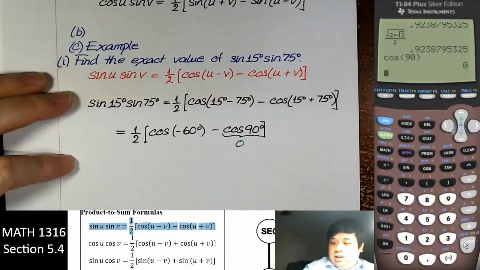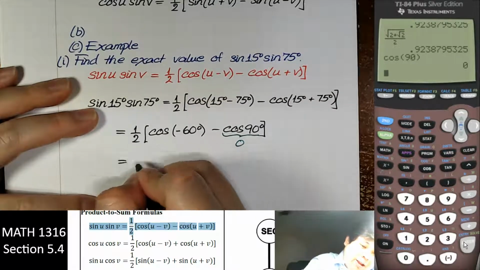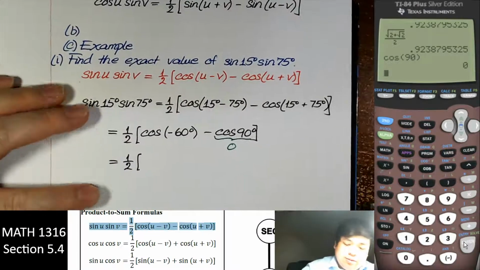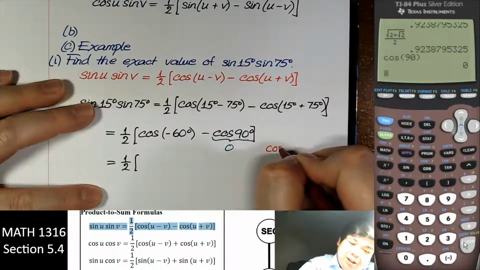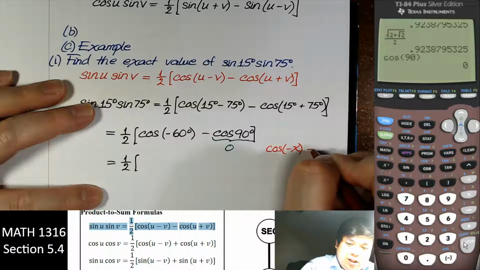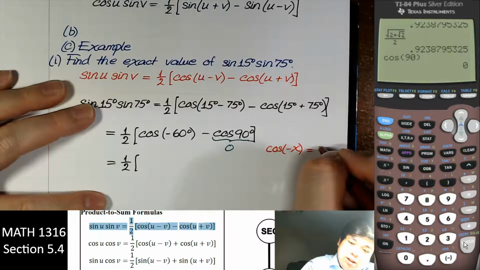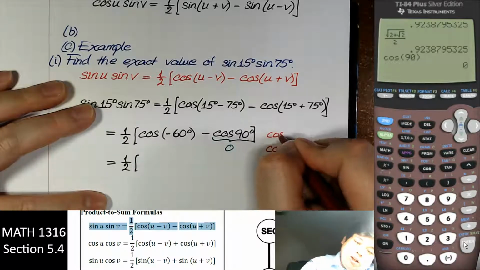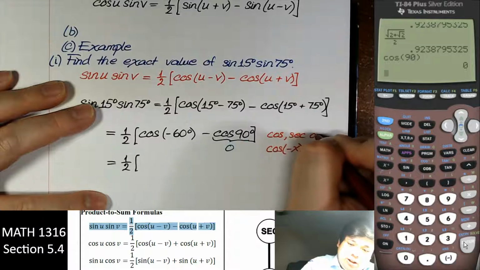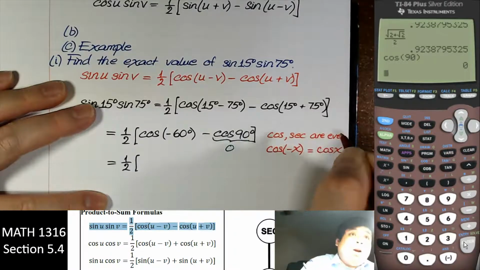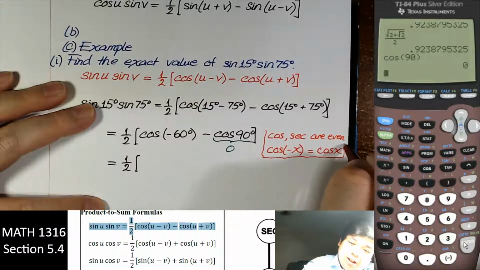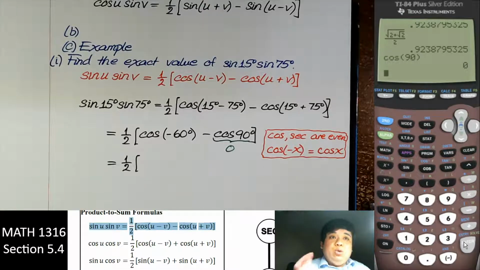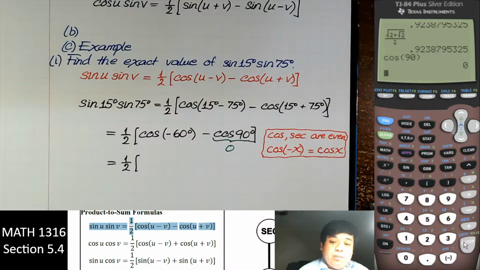So what is cosine of negative 60? Right. Now, we have the property that cosine of negative x is equal to cosine of x, because cosine and secant are even. By the way, on the next test, you need to know which functions are even and which are odd.